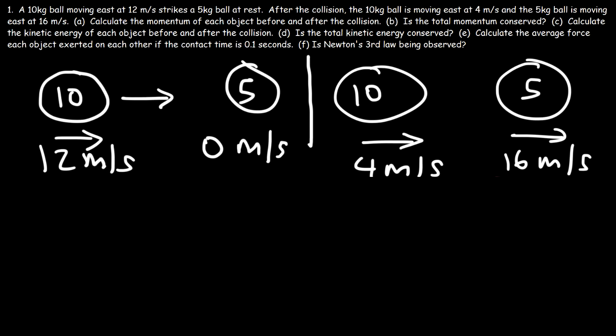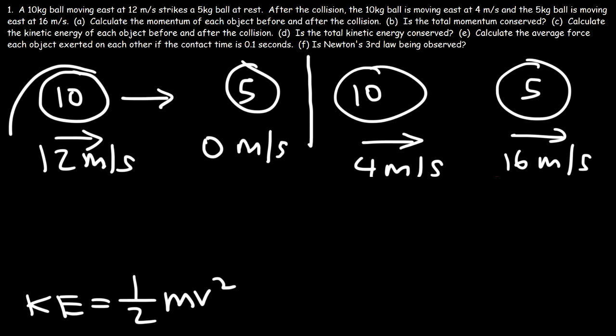So let's focus on part C. Calculate the kinetic energy of each object before and after the collision. So the formula that we're going to use to calculate the kinetic energy is 1/2 mv squared. So here, for the first object, we have a mass of 10 and a speed of 12.